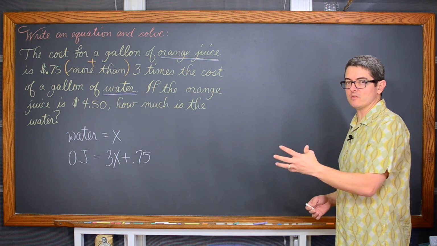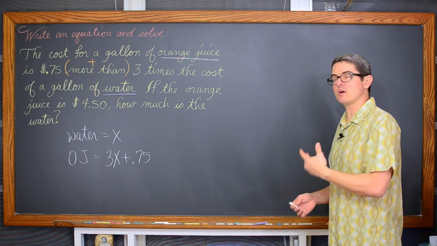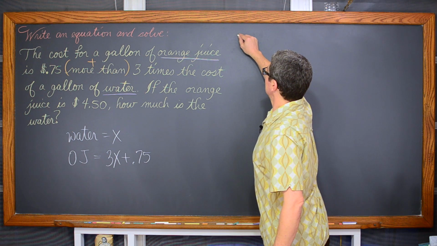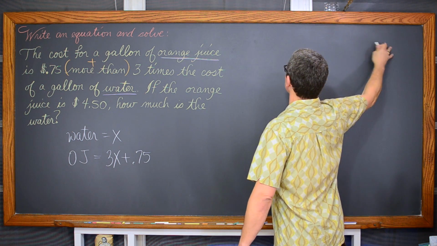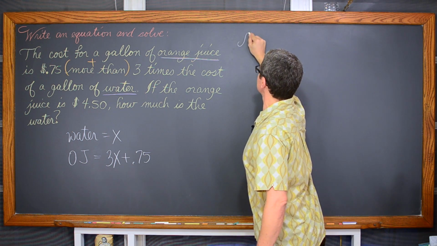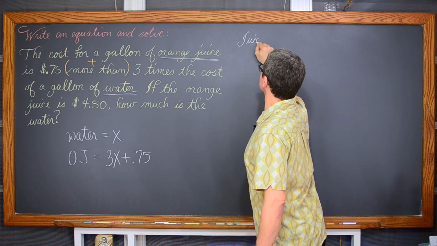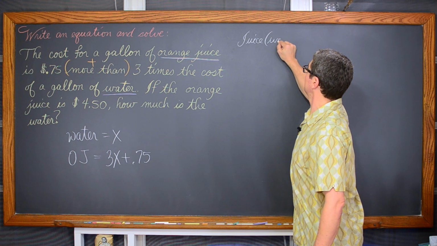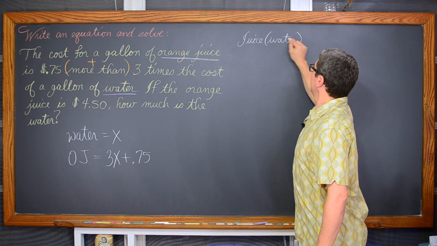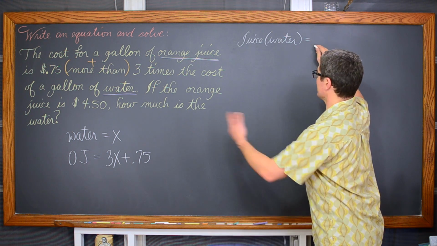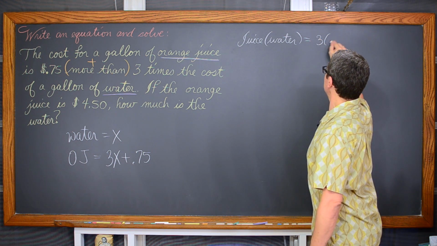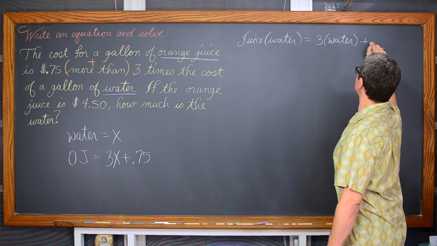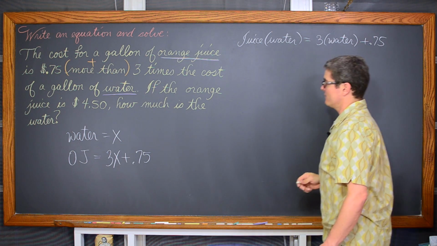Since we know nothing about the water other than it's helping to determine the cost of the orange juice, you could write this as basically, I'm going to run out of room, so I'm just going to write juice for orange juice is dependent on the price of the water. And that is going to be, like we see over here, 3 times the cost of the water plus 0.75 for 75 cents.